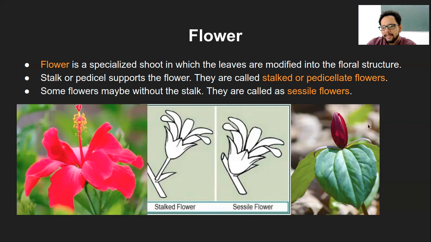Again the example is given here. I forgot the name of this plant, but you just have to remember what sessile flowers are. I'll give you the examples in a chart later, stalked flower with its example, sessile flower with its example. So there we will revise along with the pictures.